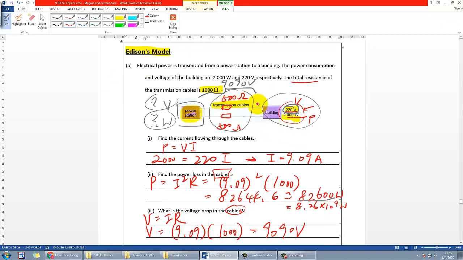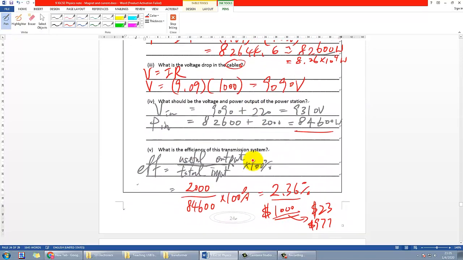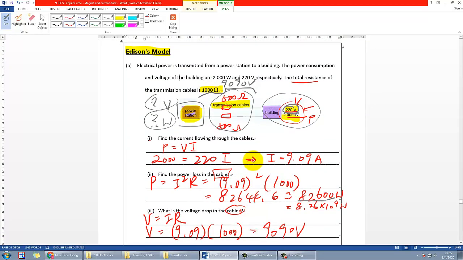So of course, Tesla's idea is brilliant, but also you can see Edison's model is really not feasible. But how he wanted to do it is, he didn't actually care about the science behind it.